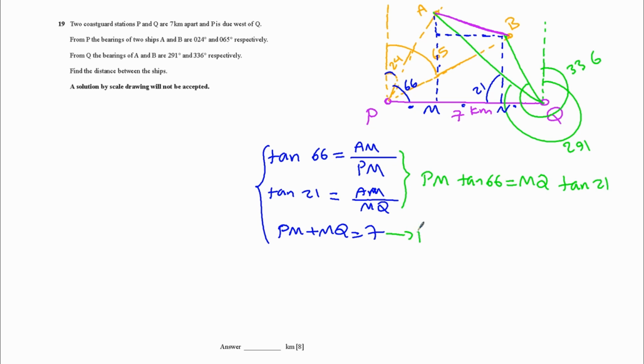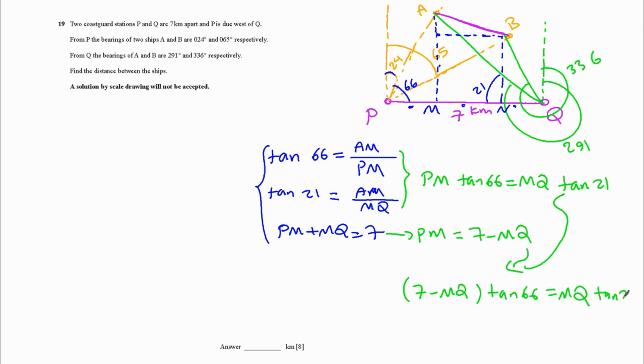By doing that, I will have 7 minus MQ times tan of 66 equals MQ tan of 21. As you can see, I'm doing all of this to reduce my equation to one unknown, which is MQ.